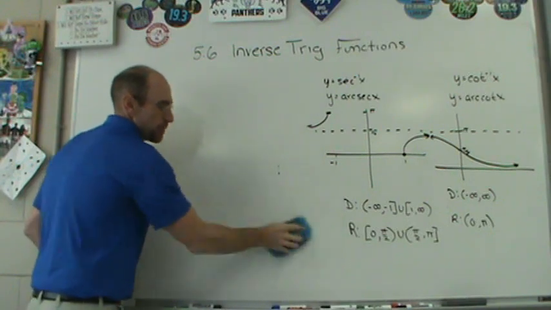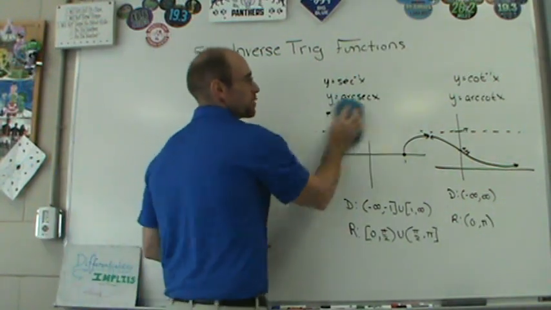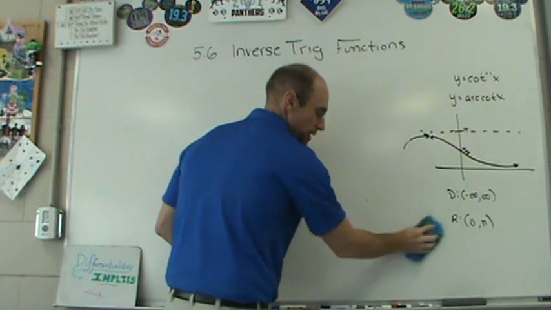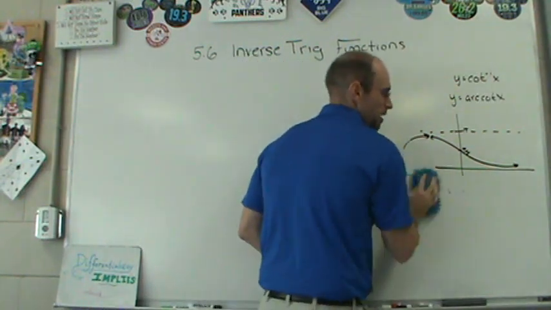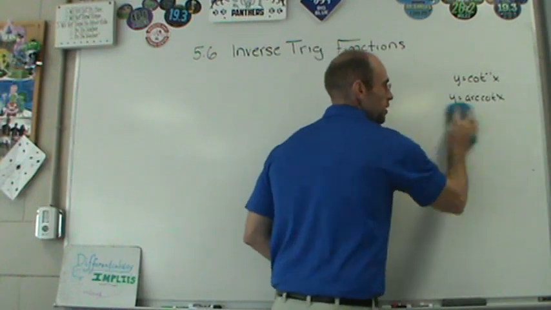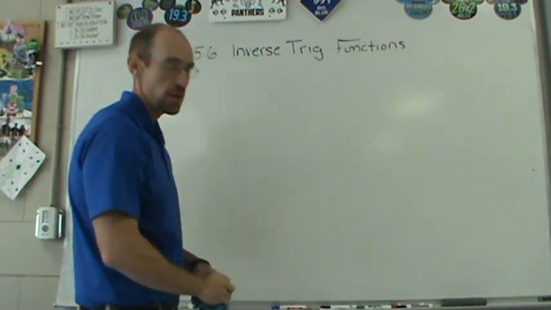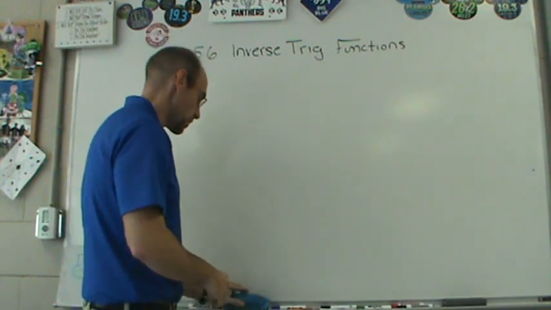Whenever we evaluate inverse trig functions, we're limited to these range values. You can't just put any answer that's on the unit circle. That's really nice for regular trig, but for inverse trig, because of their limited domain and range, we have to be careful what we answer with.